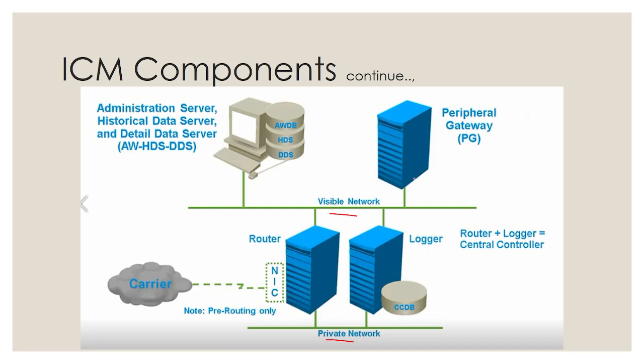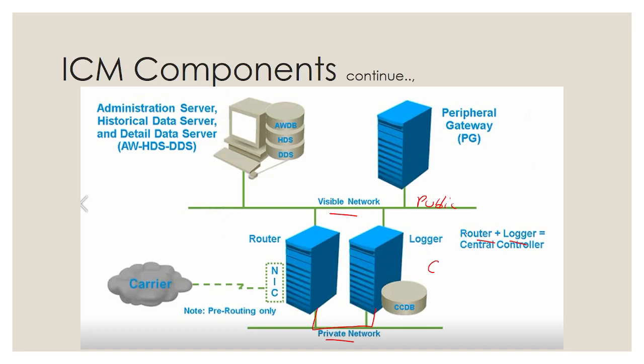But for now, you can understand that PG is connecting to the central controller, that is router plus logger. So it connects through the visible network, that's a public network. If a router connects to a logger, it does that through a private network.